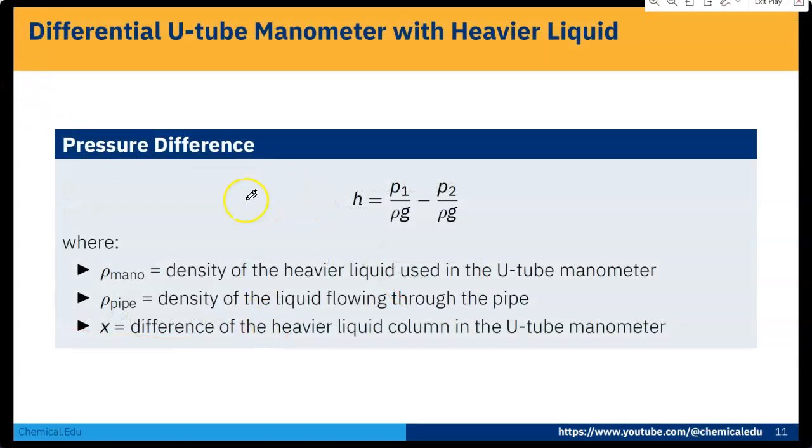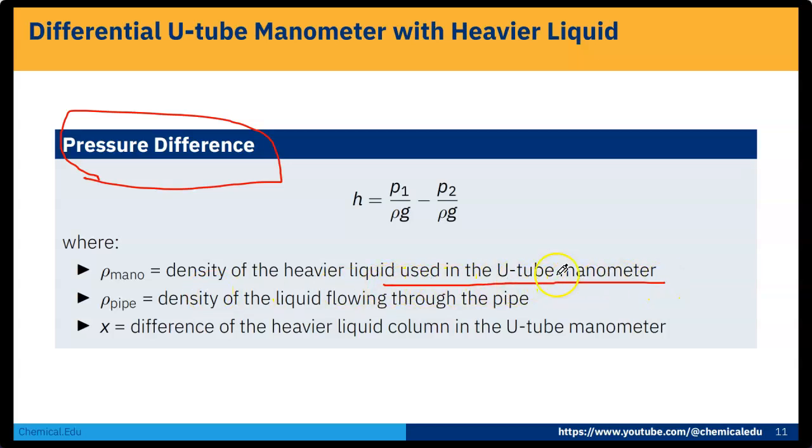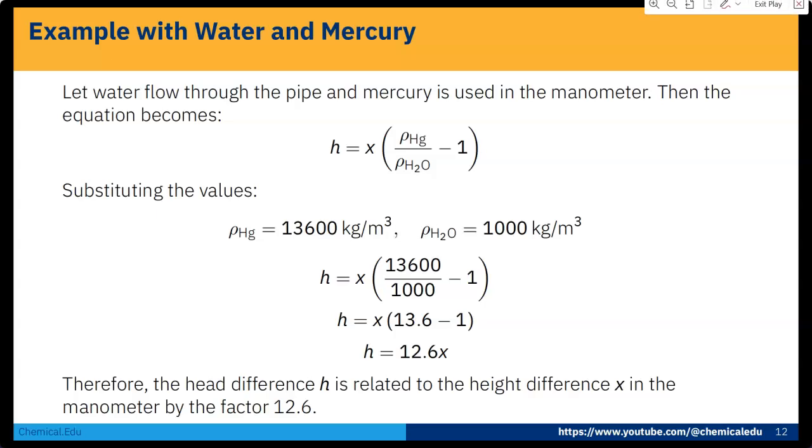Now in actual cases, the pressure difference we took is H equal to P1 by rho g minus P2 by rho g. Here rho manometer is the density of the heavier liquid used in the U-tube manometer, rho pipe is the density of the liquid flowing through the pipe, and X is the difference of heavier liquid column in the U-tube manometer. If water flows through the pipe and mercury is used in the manometer, then the equation becomes H is equal to X times rho Hg by rho H2O minus 1.